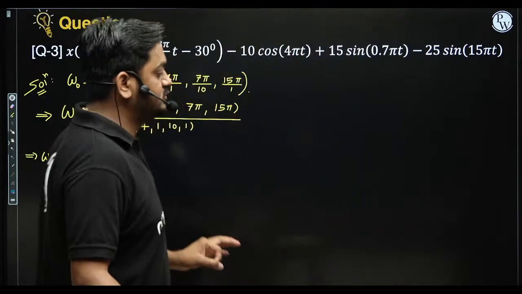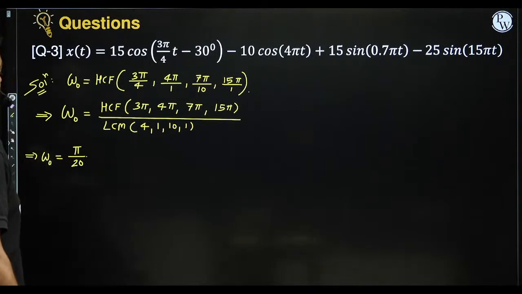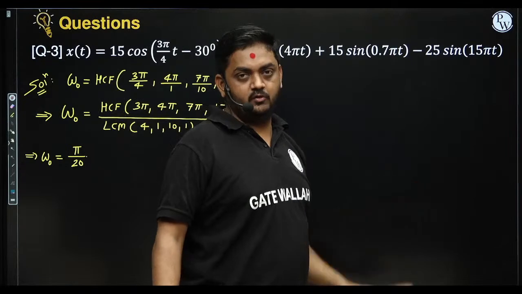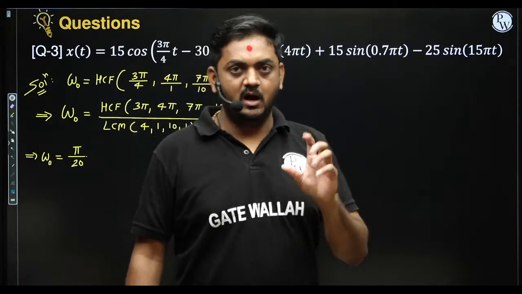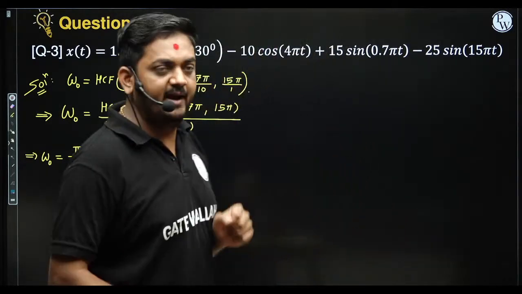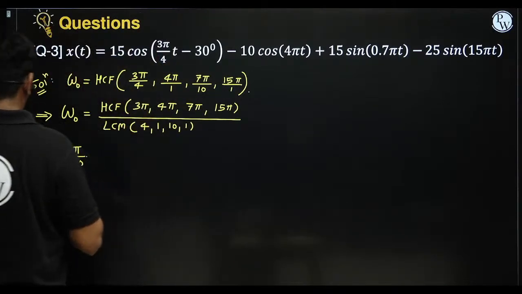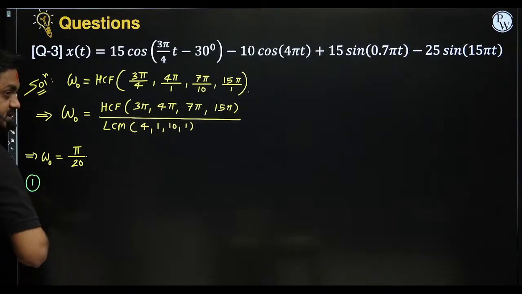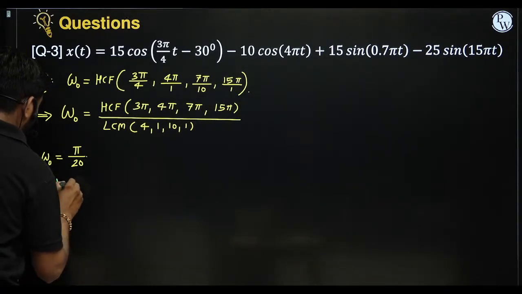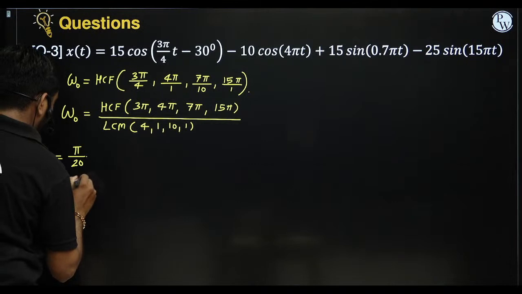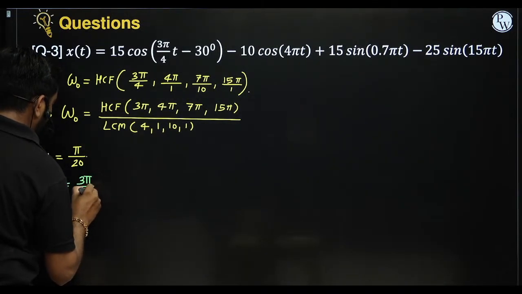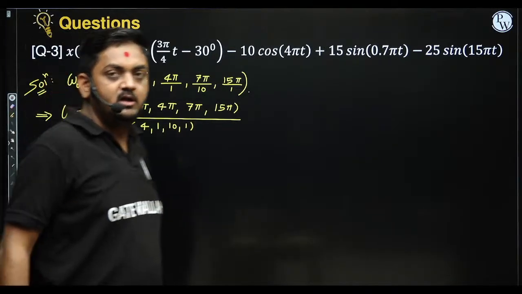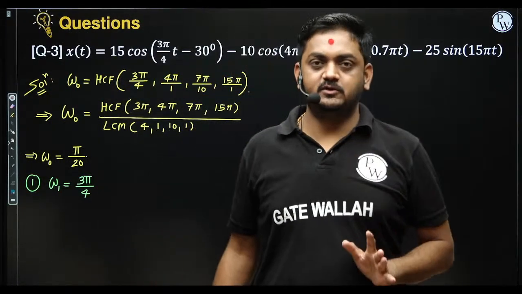So the first step is to find the fundamental frequency. Now these are omega 1, omega 2, omega 3 and omega 4. How do we find the harmonic number, the value of n? The first frequency, omega 1, is 3 pi by 4. We compare this with n omega 0, the standard format.